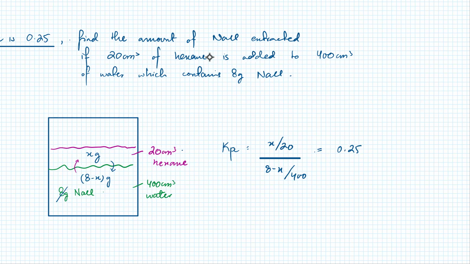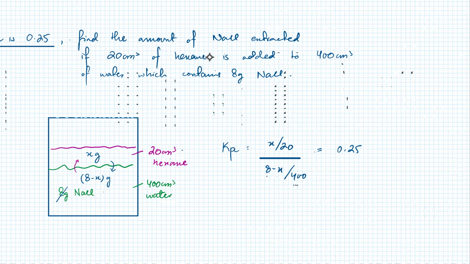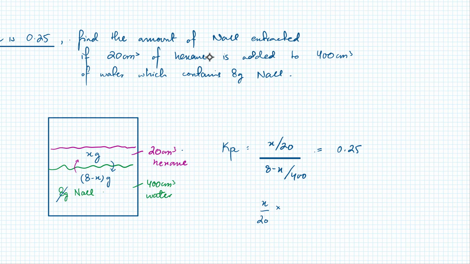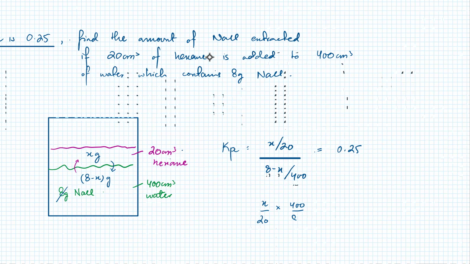So what we are going to have is x over 20 times 400 goes up, and 8 minus x is in the denominator. So 2, how many times? 2. So I'm left with 20x.